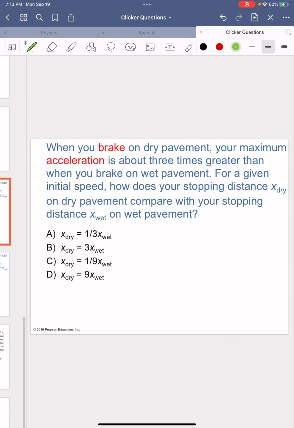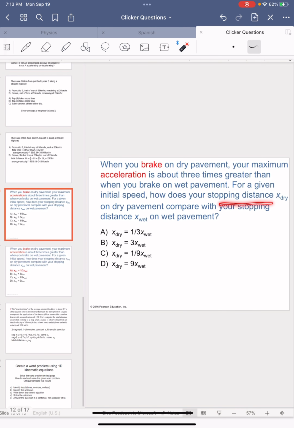When you brake on dry pavement, your maximum acceleration is about 3 times greater than when you brake on wet pavement. For a given initial speed, how does your stopping distance x dry on dry pavement compare with your stopping distance x wet on the wet pavement? So we know that on dry pavement, your maximum acceleration is about 3 times greater.